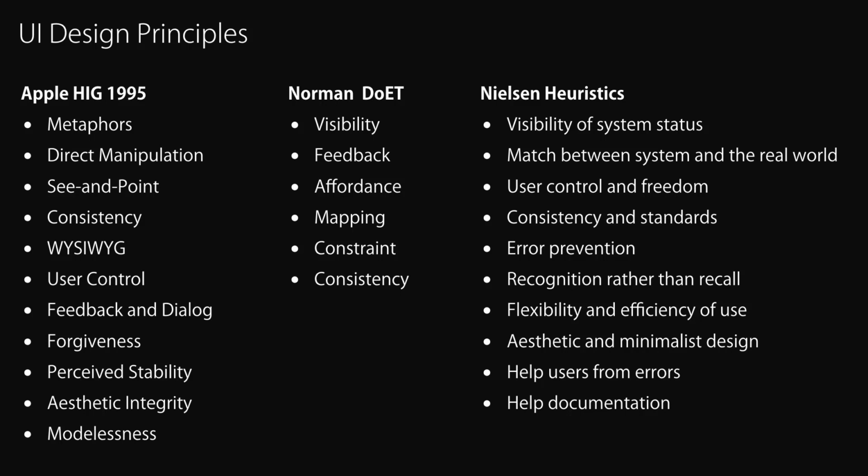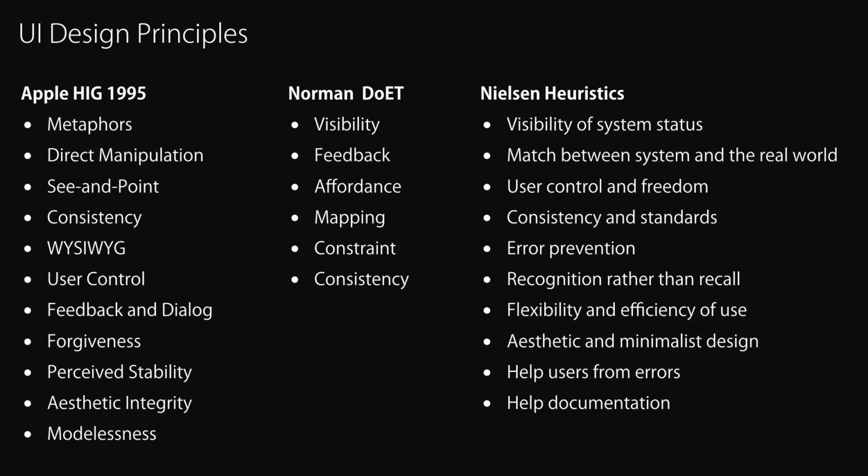This is very popular. On the left side, we have the Apple Human Interface Guidelines. This is a very old one, but it says metaphors are very important. Direct manipulation, see and point, consistency, like that. The middle one is from Donald Norman's Design of Everyday Things.